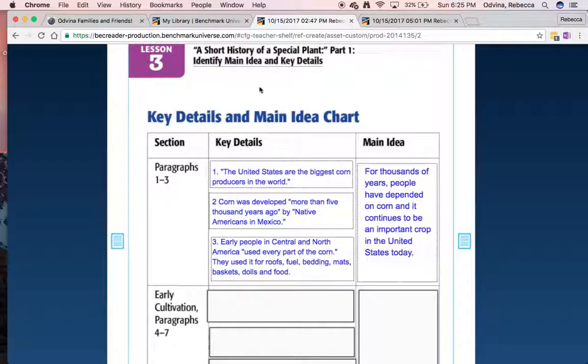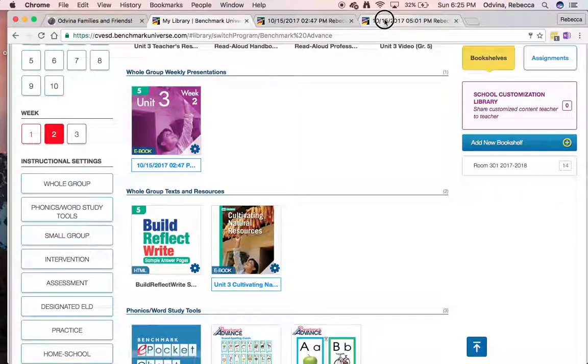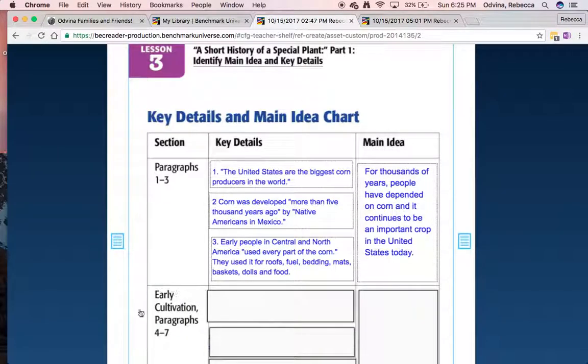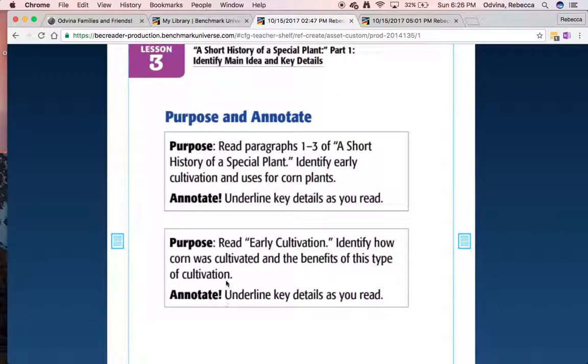Now, your job is not there, it's on the other page of this one: to read early cultivation, that very next section, and identify how corn was cultivated and the benefits of this type of cultivation. So you're reading paragraphs 4 through 7, and I want you to annotate, underline key details as you read.